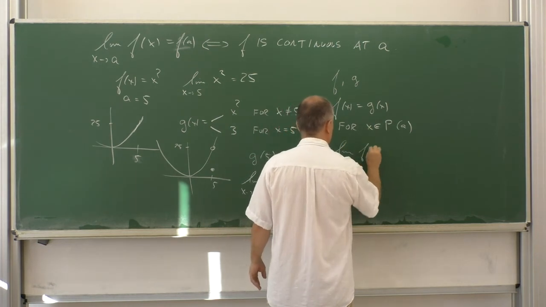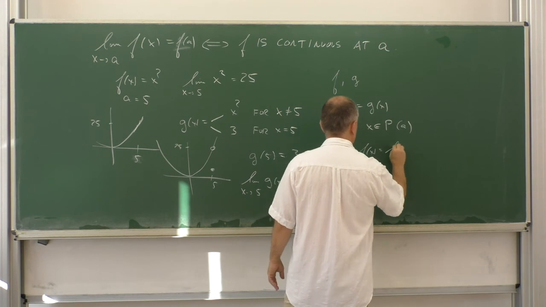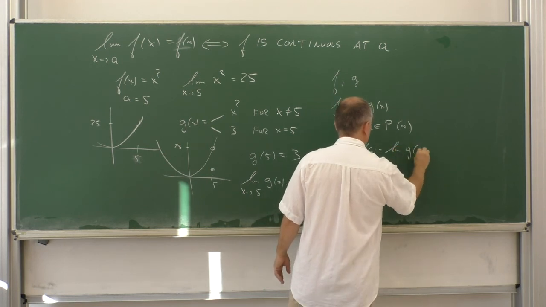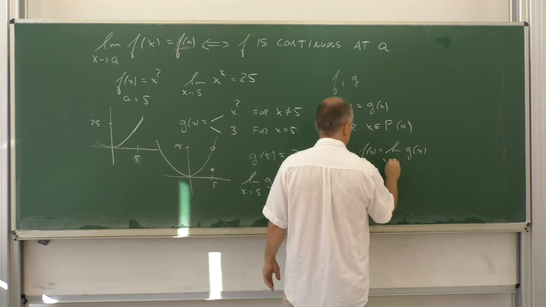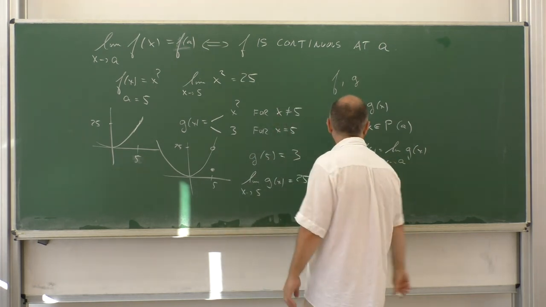So the limit of f of x is equal to the limit of g of x for x approaching a.